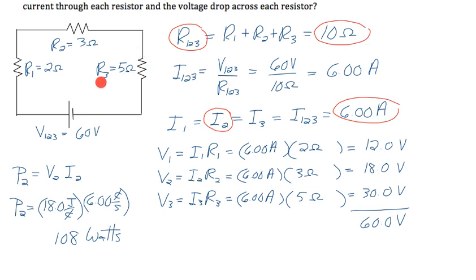Well, I labeled that R3, so the voltage drop across the 5 ohm resistor would be V3, which is 30 volts. So there's 3 questions, and then maybe the 4th question would be a power question. So maybe I would ask, what is the power dissipated in the 3 ohm resistor? And the answer to that would be that. And there's 4 questions.